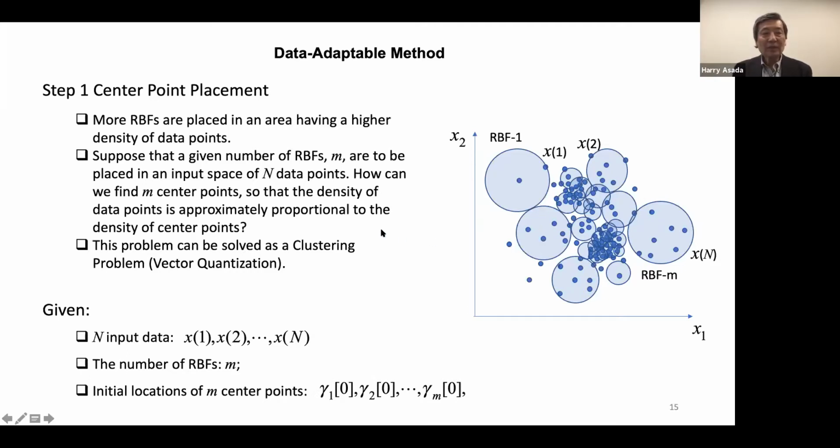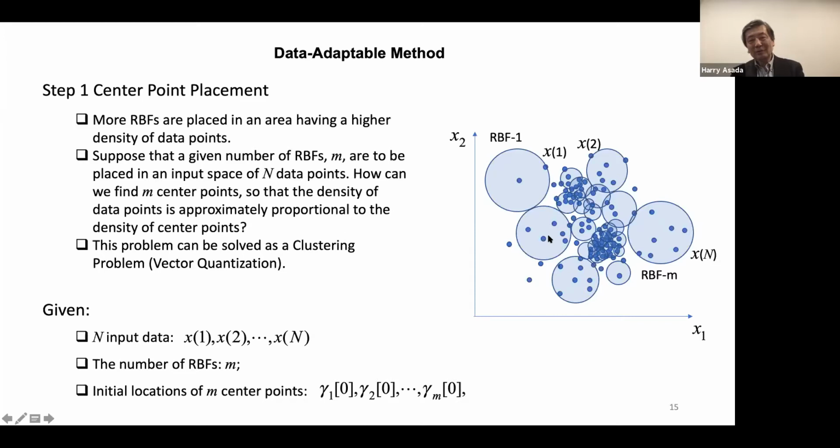So, suppose that a given number M of radial basis functions are to be placed in an input space of capital N data points, x1, x2, and so on. How can we find the M center points so that the density of the data points is approximately proportional to the density of the center points?